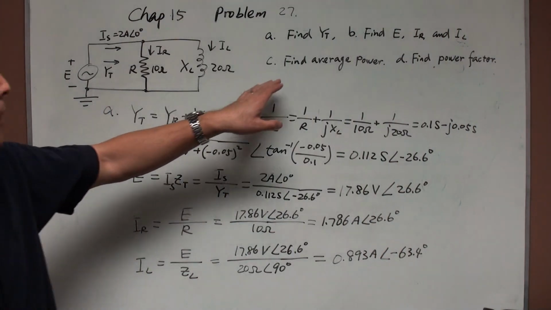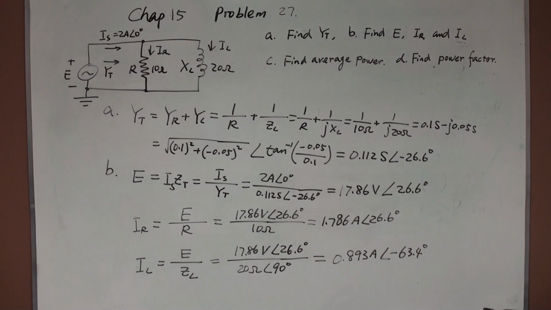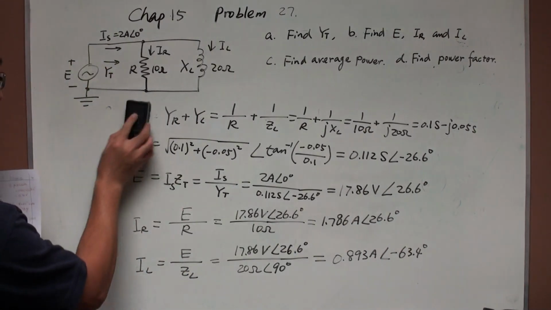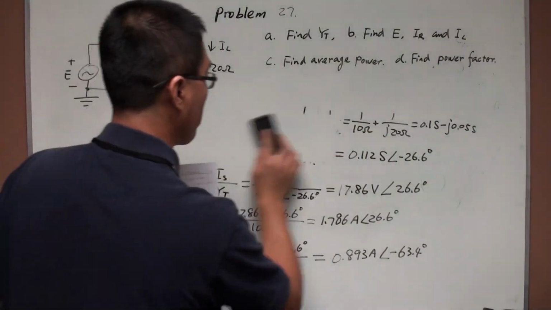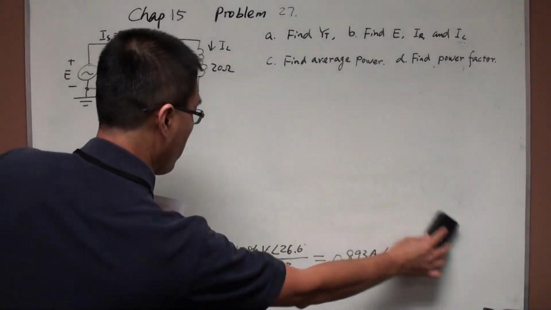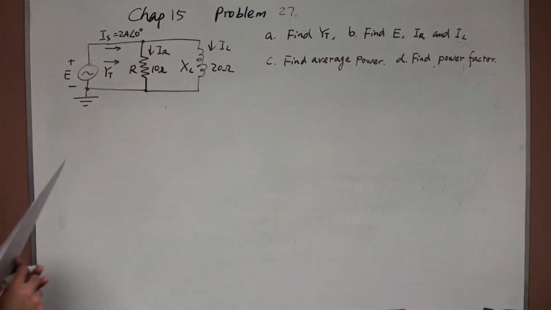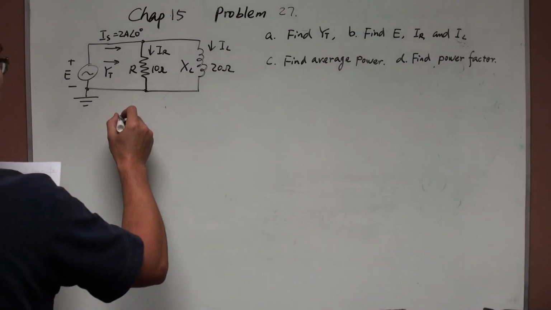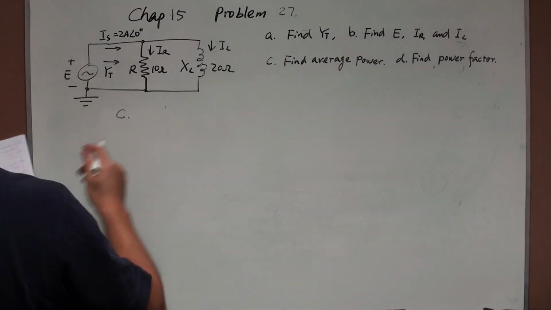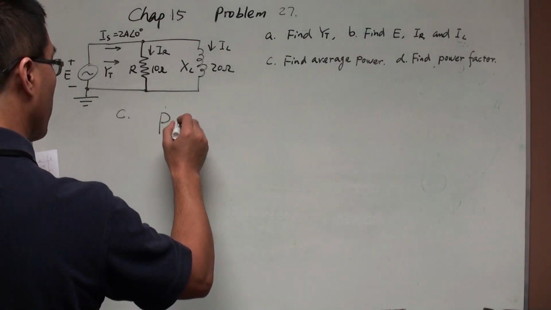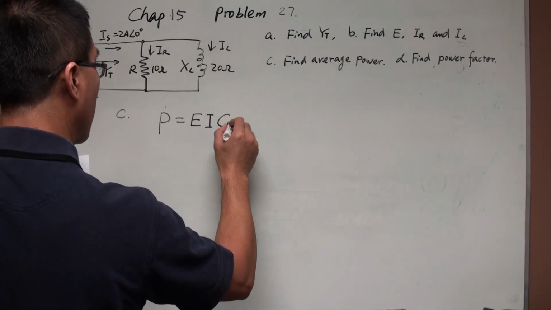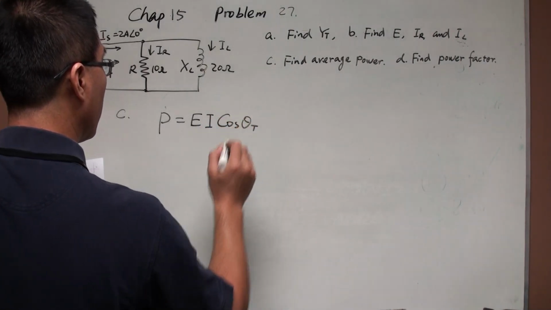So let's find C and D. Alright, so C, we want to find the average power. For average power, we can use E times I times cosine theta t.